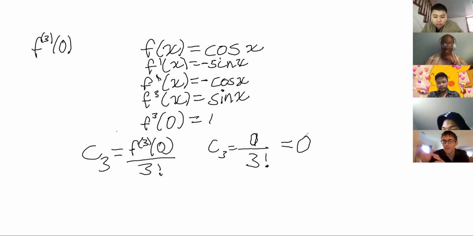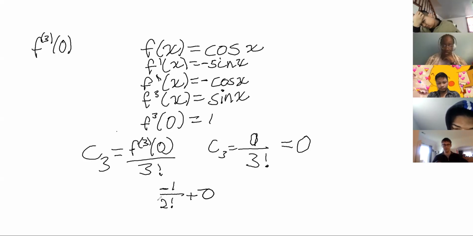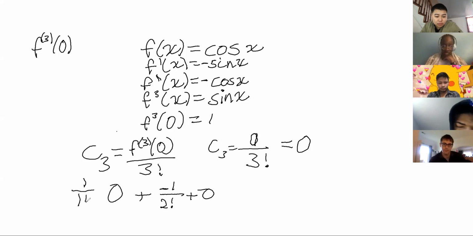That's just the last term. When we want the third degree Taylor polynomial, you want all of the terms leading up to it as well. Oh, right. So we're looking for negative cosine, which is going to be 1 over 2. I'm kind of doing this backwards now. And then negative sine, that's also going to end up being 0. And this is going to be 1 over 1 factorial.